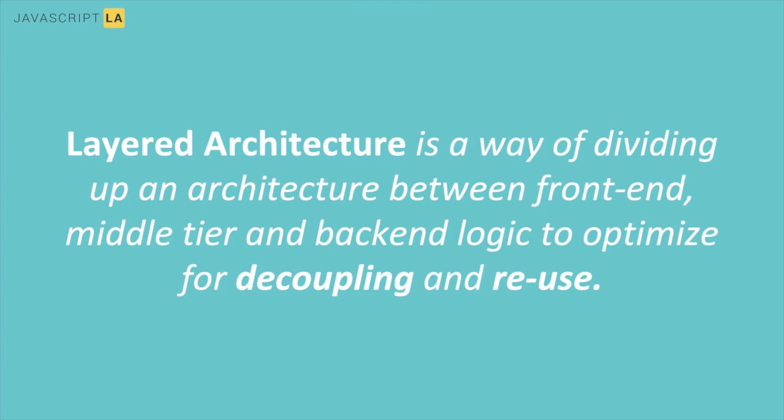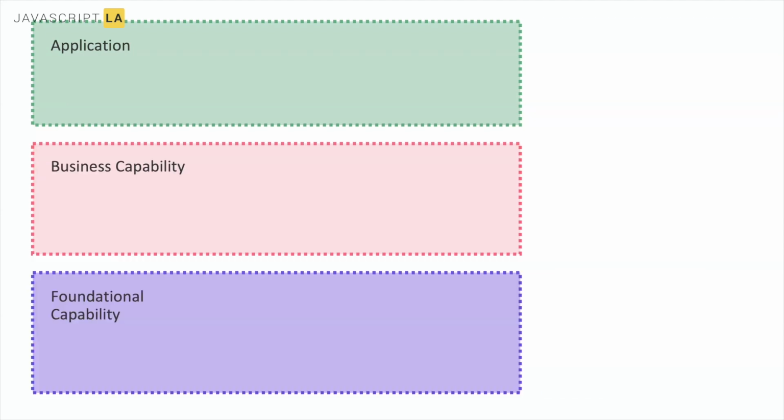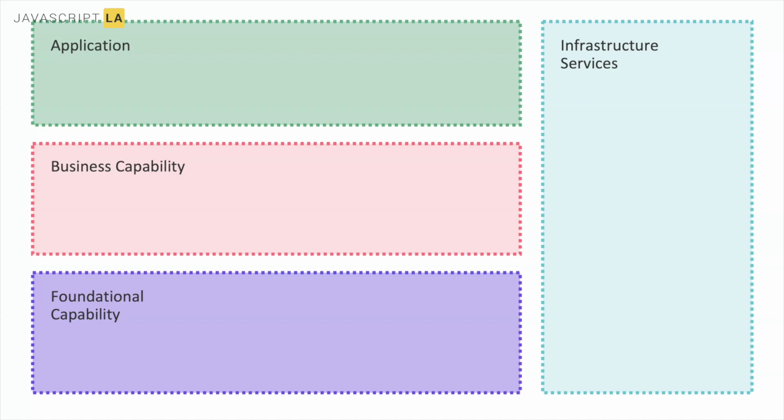So just to keep that in mind. Layered architecture is a way of dividing up the architecture between front end, middle tier, and back end in order to optimize for decoupling and reuse. Typically you're going to have an application layer, a business capability layer, foundational layer, and then infrastructure services.